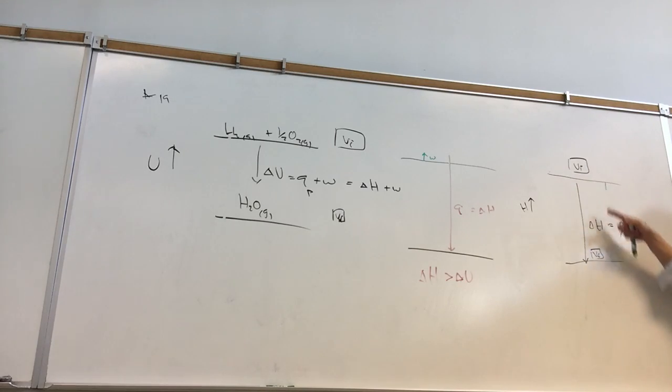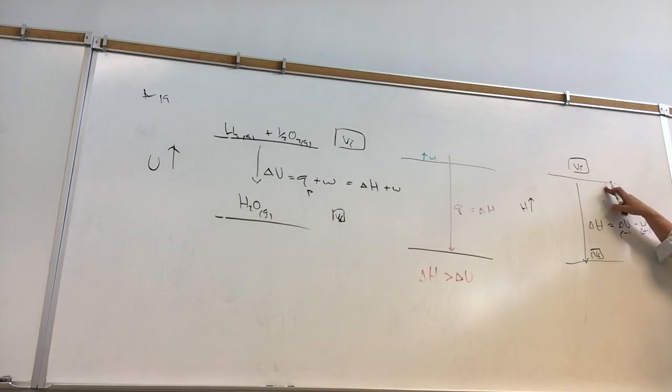The system's going to gain energy by having work done. And so this is why the work is positive here. But when we look at this, well, we have a delta U, and we're going to minus W. And so in other words, the system gains energy by doing work. And what does that mean?